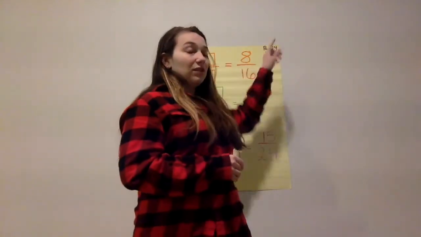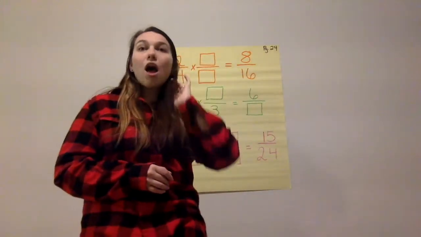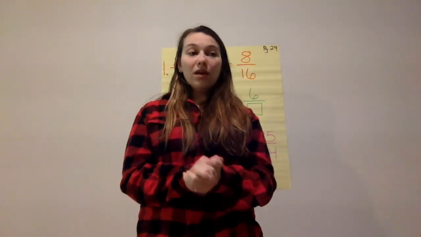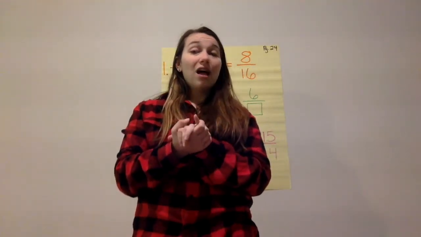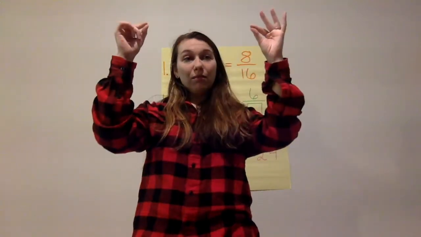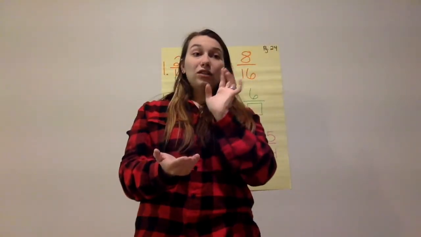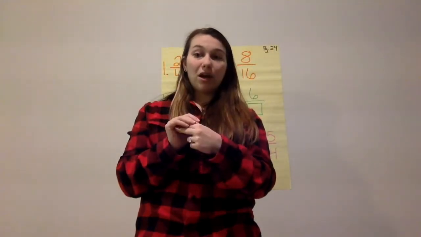So right now I want you to turn to page 24 in your packet, just like in the other video. It may not be the 24th page in your packet, but it will say i-Ready Math, and it'll say page 24 down at the bottom, okay?